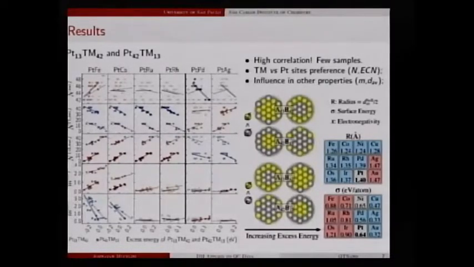From that, we explain this result based on a model which considers the radius of the transition metal we combine with platina and the surface energy of these atoms.